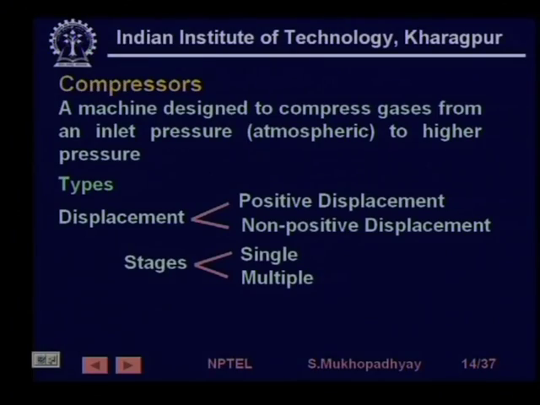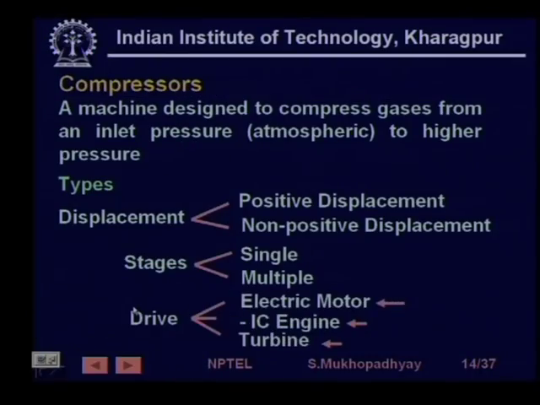If you want to convert to a very high pressure, something like 600, 700, 800, 1000 psi, then you often need to do it in multiple stages. So, a compressor can have various stages, single or multiple, and it needs to be driven, right. Because it compresses the air, it needs to be driven by a prime mover, and there are various types of prime movers possible.